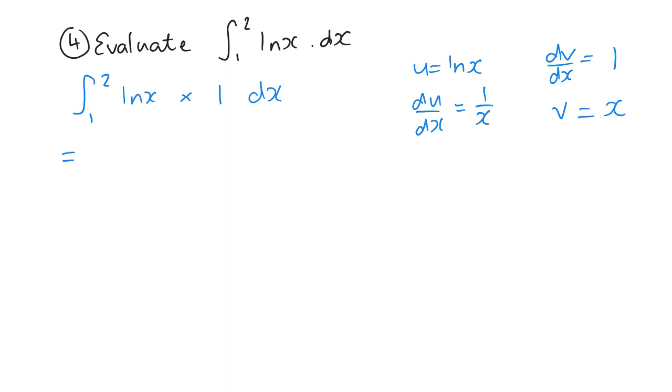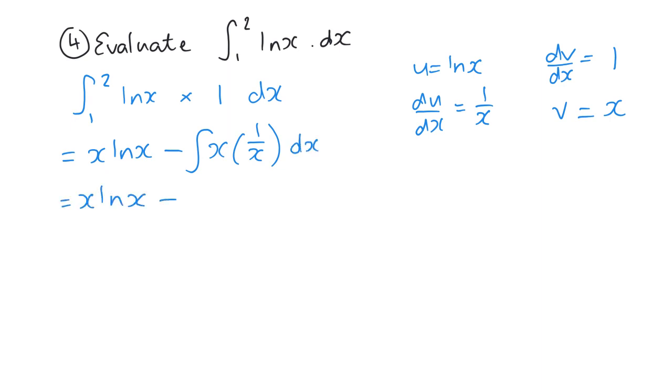I'm just going to leave the limits off until I've integrated the whole thing, and then put the limits in. You can do it in stages, but I'm just going to leave them off to the end. So it's uv, so that's x ln x, minus v times du by dx dx.